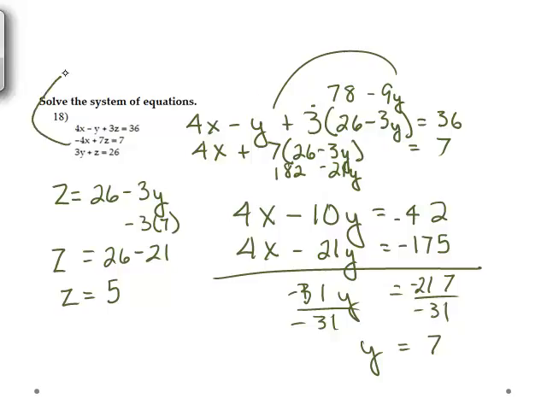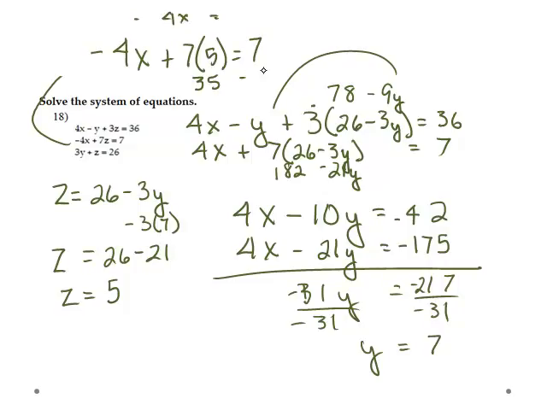Let's use the second equation: negative 4x plus 7 times 5 equals 7. Negative 4x equals, subtract 35 from both sides, negative 28. x is 7. So our answer is 7, 5, 7, x, y, z.